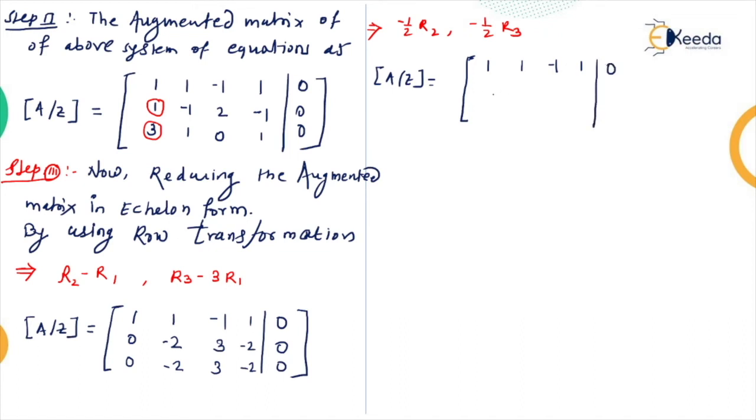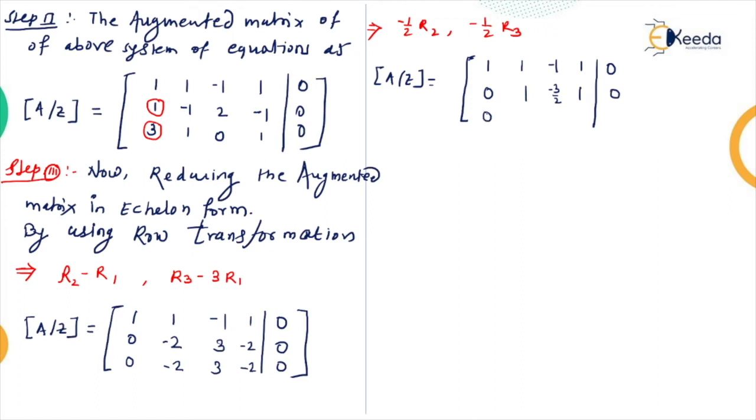In the second row we just multiply each element by -1/2. So 0 times -1/2 is 0, -2 times -1/2 is 1, 3 times -1/2 is -3/2, then -2 times -1/2 is 1, and 0 times anything is 0.